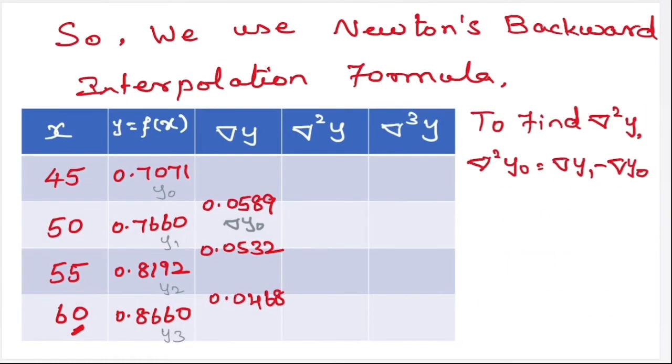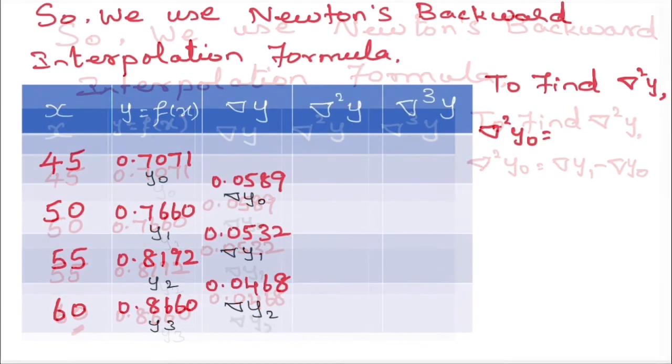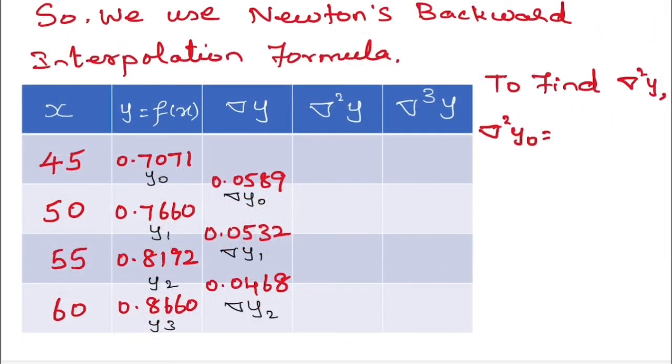So this is your del y0, this is your del y1, and this is your del y2. Next, find del square y. Del square y0 is equal to del y1 minus del y0. So del y1 value is 0.0532 minus del y0, which is 0.0589.